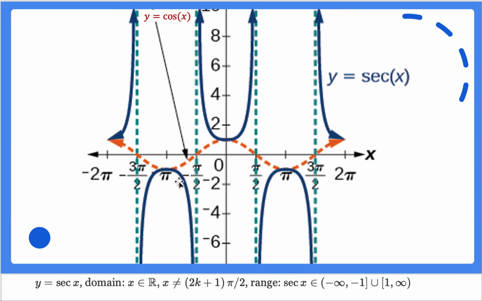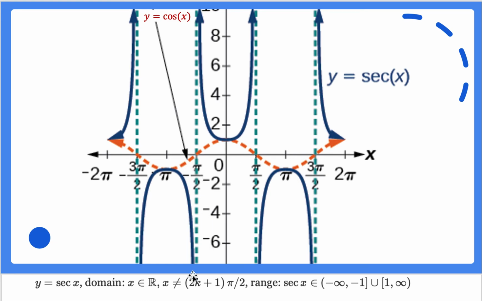Whenever there is a minimum of the cosine, there is a maximum down in the negative part of the secant. The asymptotes are at pi over 2, minus 3 pi over 2, etc., in those points, every pi, starting from pi over 2.